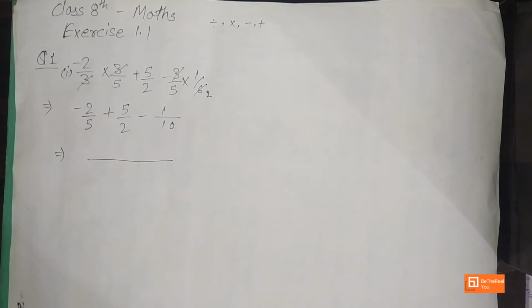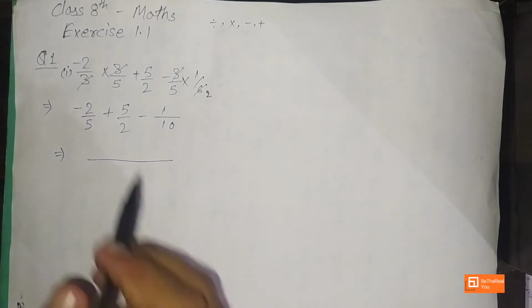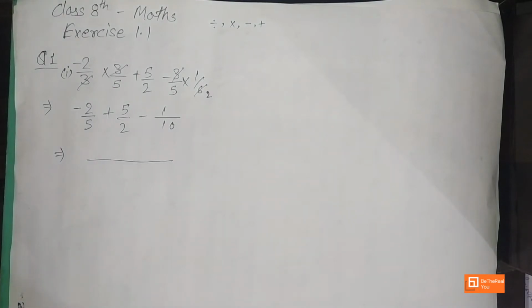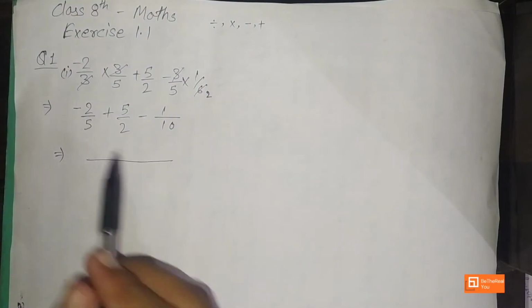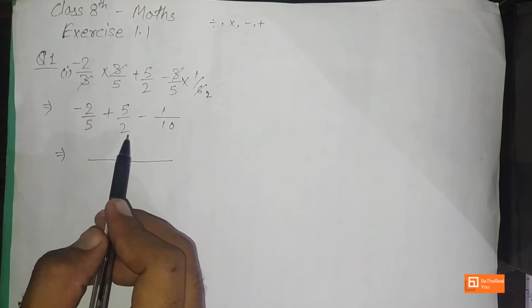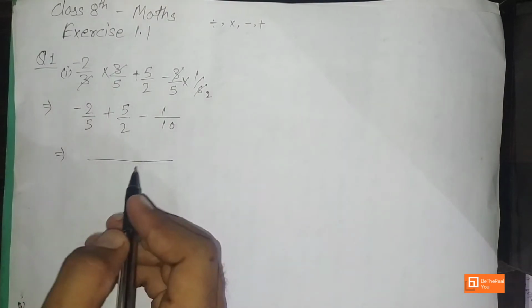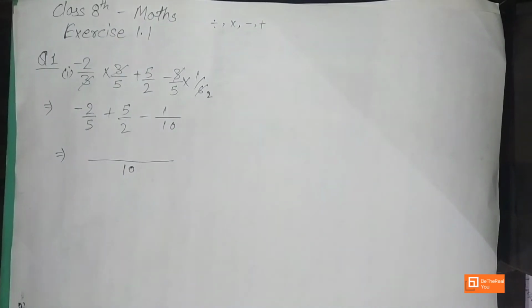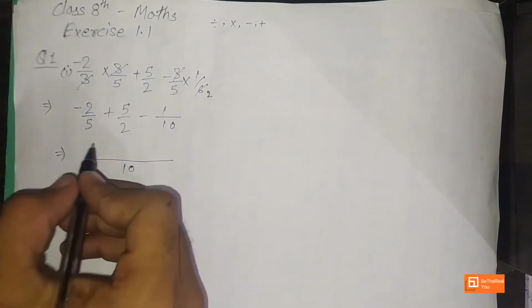Here we have to take the LCM. LCM is lowest common multiple. LCM of 5, 2 and 10. We have to take the number which comes in the 5 table, the 2 table, and the 10 table also. You can see that 10 is that number.